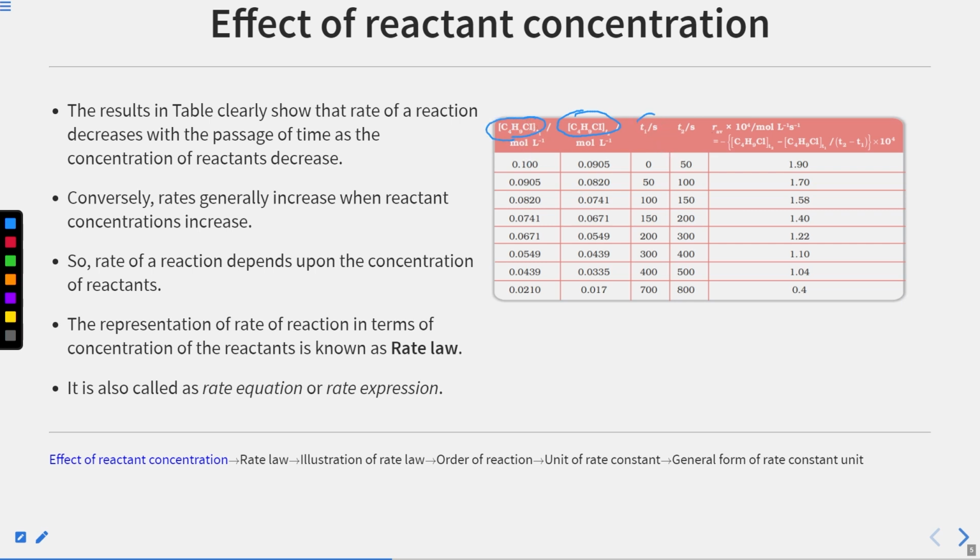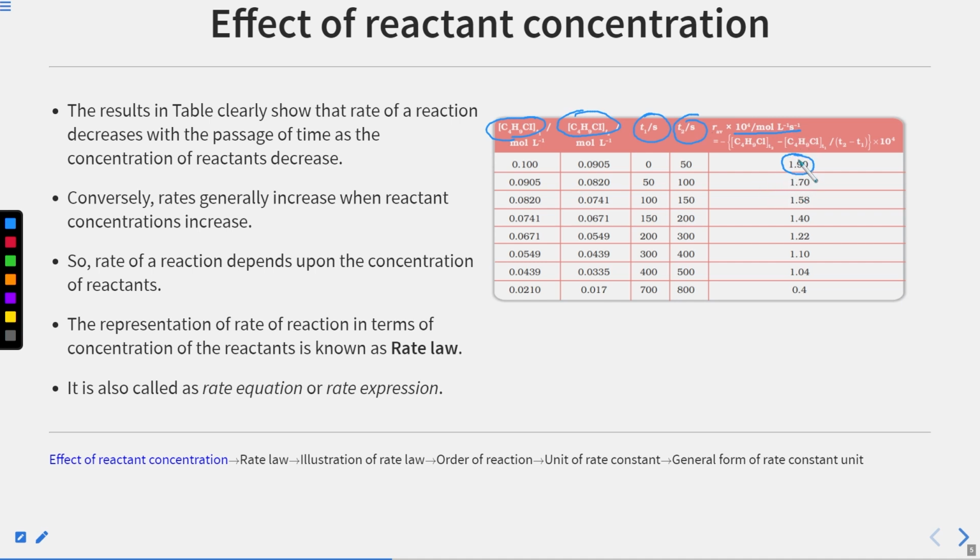Here we have time t1 and here we have time t2. So we are going from 0 to 50, then 50 to 100, 100 to 150, and 150 to 200. And this is the average rate of reaction multiplied by 10 to the power 4 mole per liter per second.